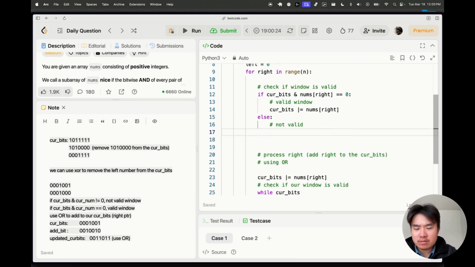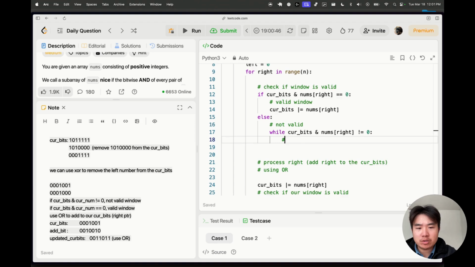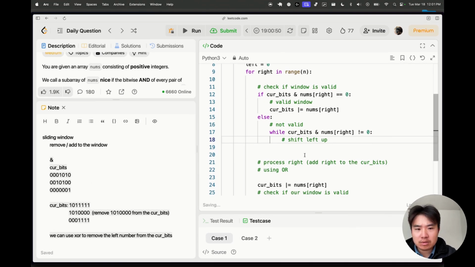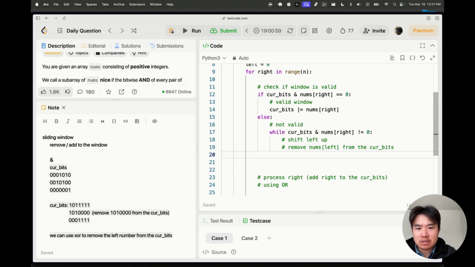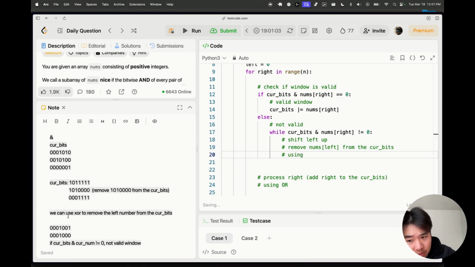Not valid means while cur bits and nums at right is not equal to 0, we want to shift left up. Shifting left up means we have to remove the nums at left from the cur bits, and we can do this using XOR.